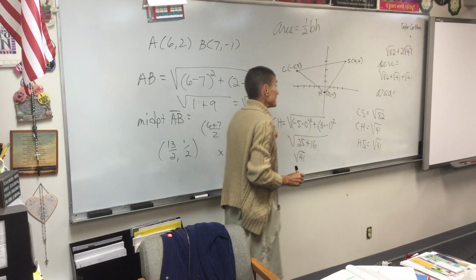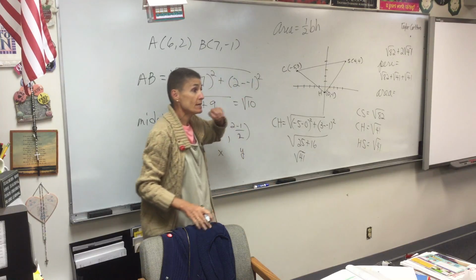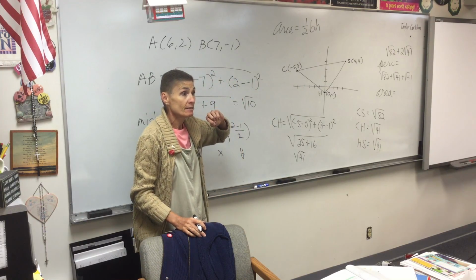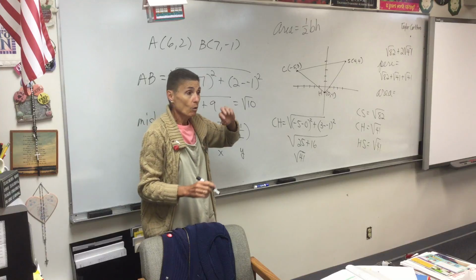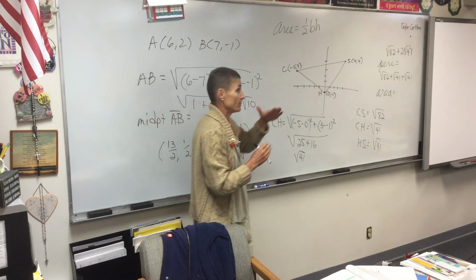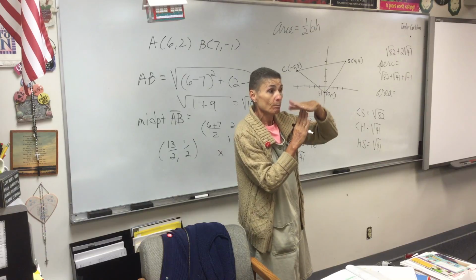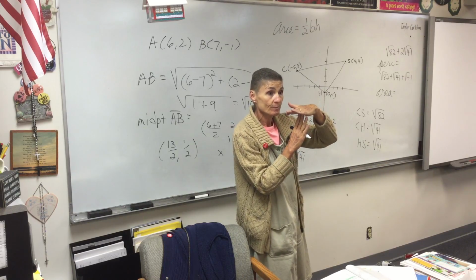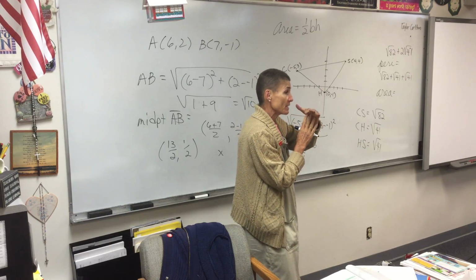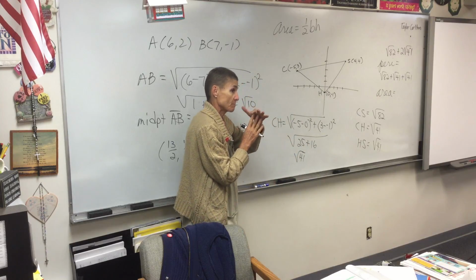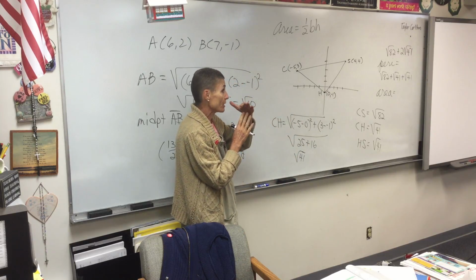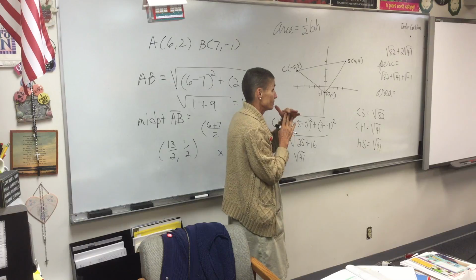So in that triangle, you need a base and a height. Now, what's the relationship between the base and the height of a triangle? They are perpendicular to each other. So we need to find something in this problem that's perpendicular so that I have a base and a height.